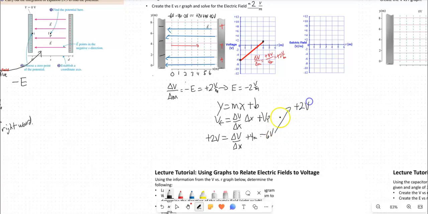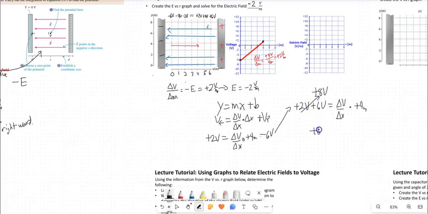Positive 2 volts, add 6 volts to both sides, plus 6 volts equals change in voltage over change in distance times positive 4 meters. And then this is just going to be positive 8 volts.